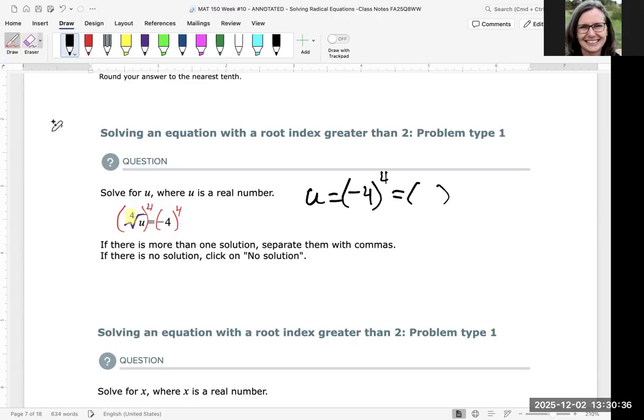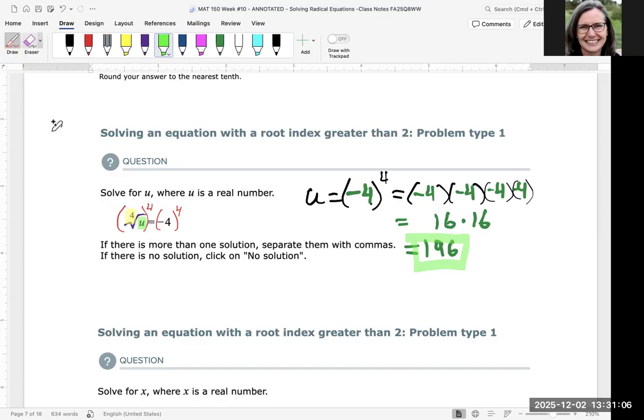Well, that means I've written something down 4 times. And this -4 is what I'm multiplying 4 times. Negative times negative is positive, so that would give me positive 16 times positive 16, and that's 256. So that would be my answer. That would be the number that I could plug in there and get a -4 out.